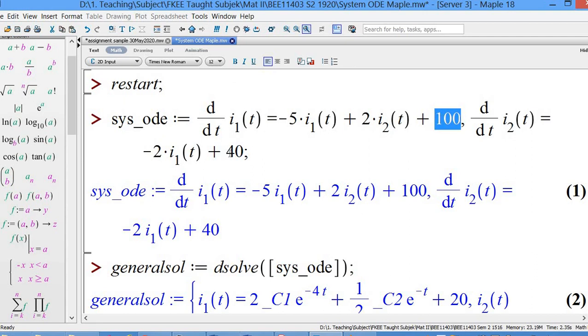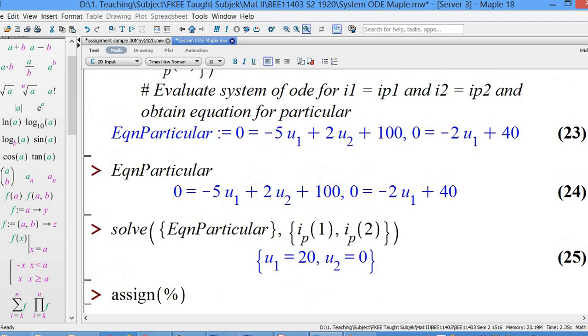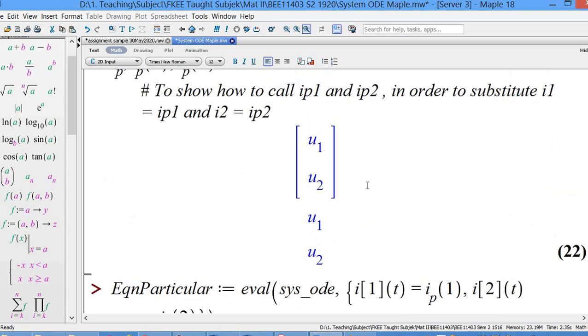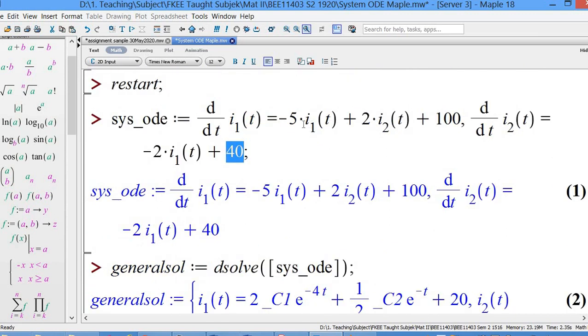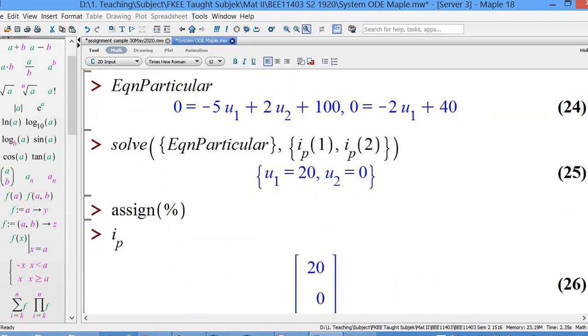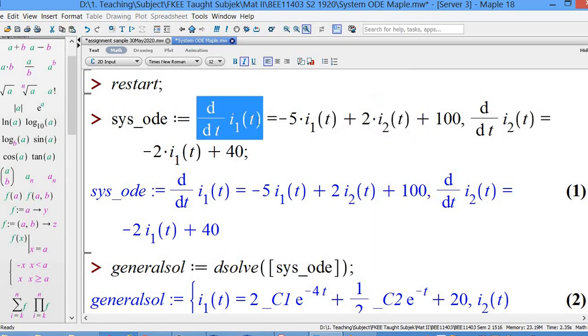We have actually 140, which is a constant vector. That's why we assume IP as a constant vector too. The IP means I1 is U1 and I2 is U2. When I1 is a constant, d/dt I1 you get 0.